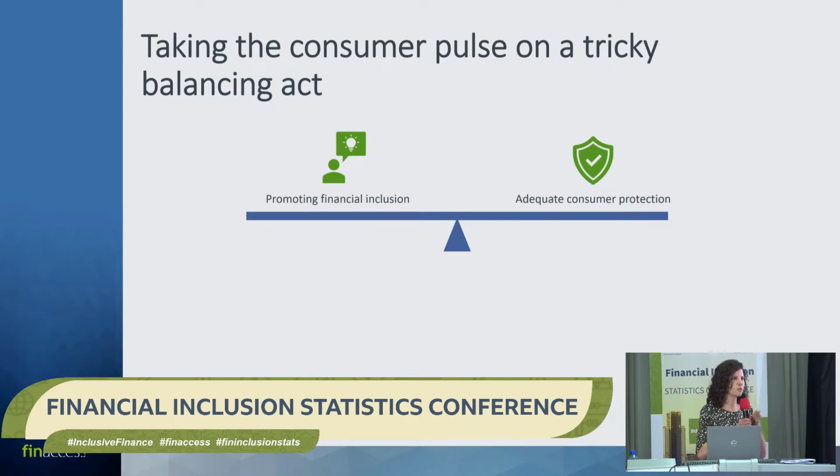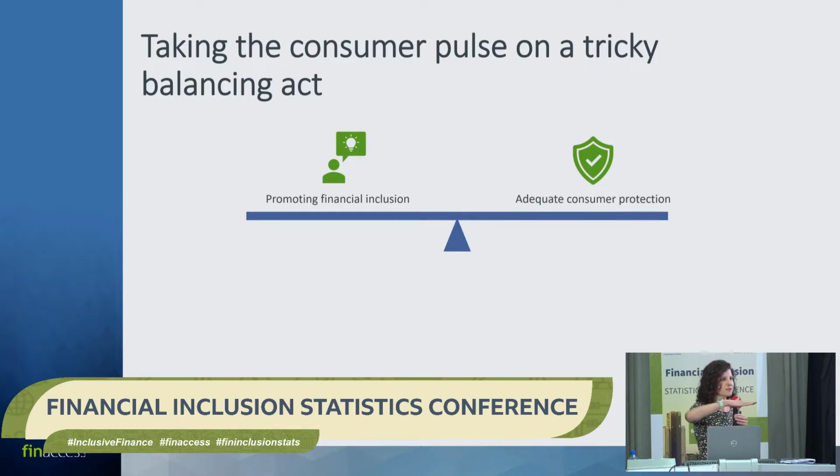And that is that on the one hand, you want to promote financial inclusion, you want to promote innovation and all the benefits that come with that. On the other hand, and especially as risks increase in the light of digital financial services, as consumer vulnerabilities continue, you want to make sure that there's adequate consumer protection in your market.